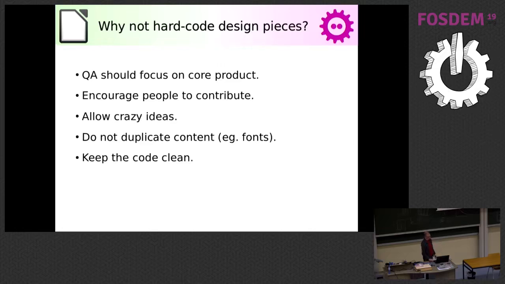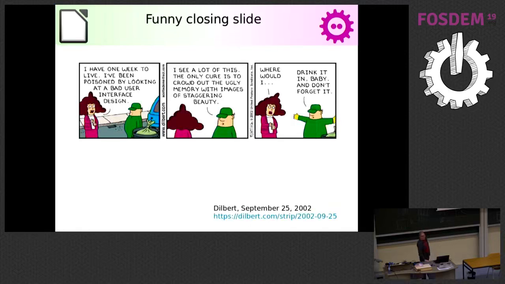And finally, I think keeping the code clean is also a good thing. And it improves usability, of course, when you get things into the program. If you can download dictionaries and help, and, let's say, also localization, in the same way as you deal with everything, it's easy to understand. I don't have to say anything more, so it's a funny closing slide. Thank you.